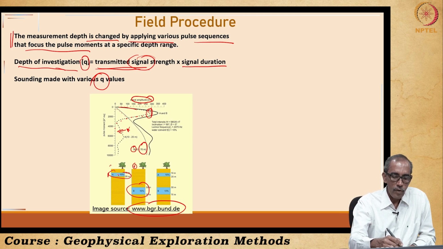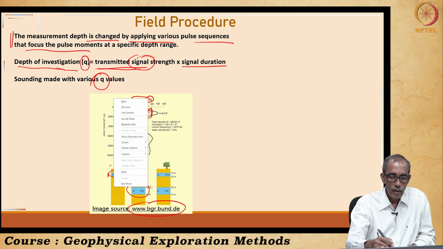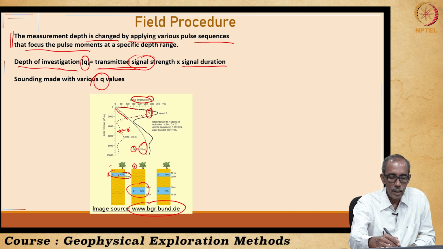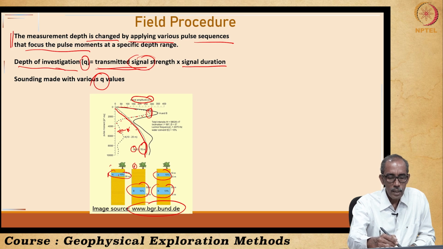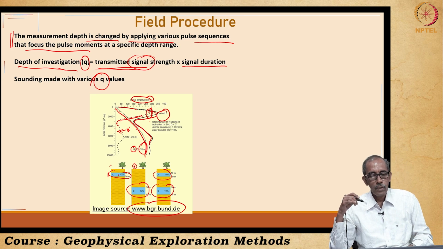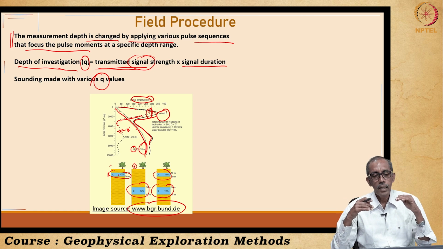So, we have seen formation A is within 10 meters, and formation B is at a depth of 50 meters. If you have something like that, you get a signal falling along this line. Suppose both A and B are present, then you get a combination of this as well as this, which is indicated by this solid line, which is A and B. So, by varying the signal strength as well as the duration of the signal, we take multiple images at the same surface.